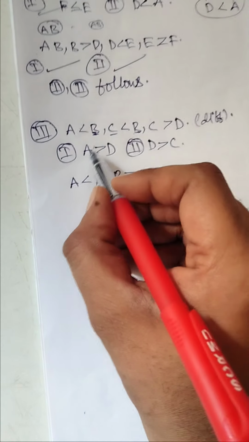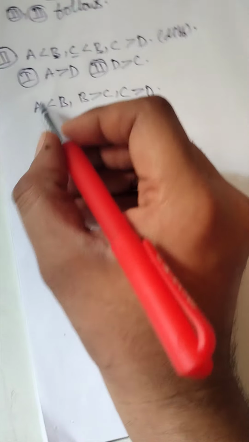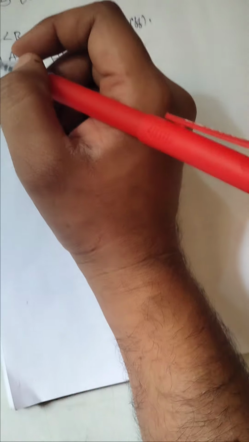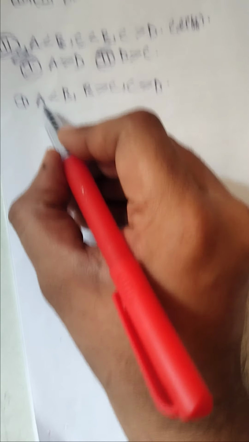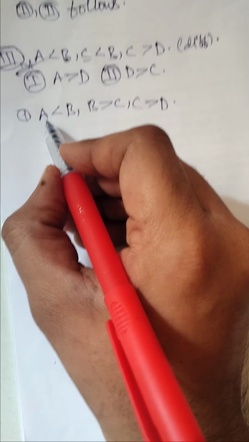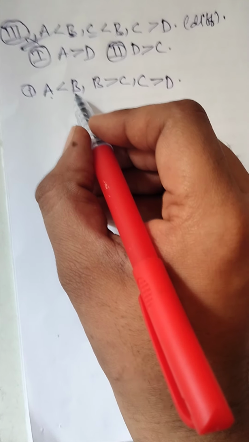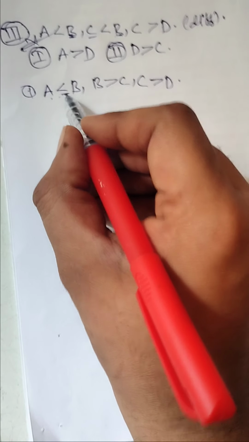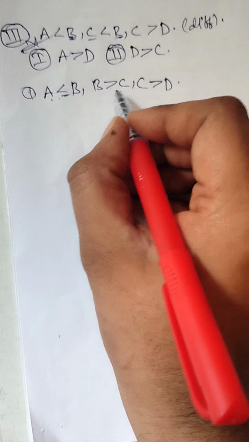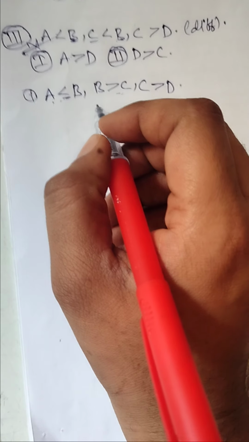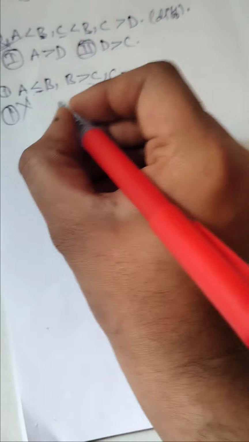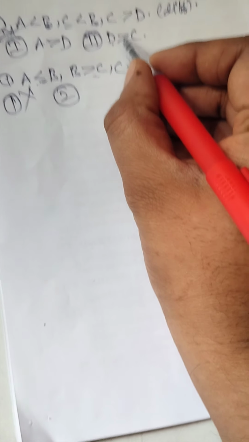Now solving is the same: A greater than D. Here A is there, we have to see it like this, not be seen because it is totally changed. A greater than D means less than, greater than. So the first statement is false.